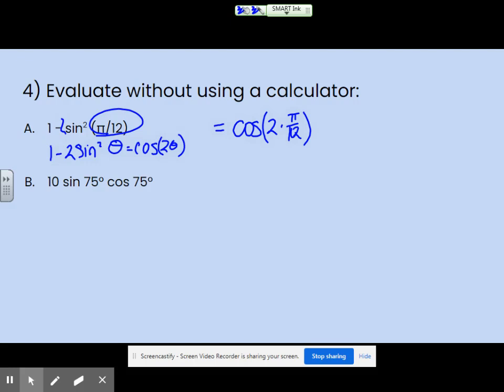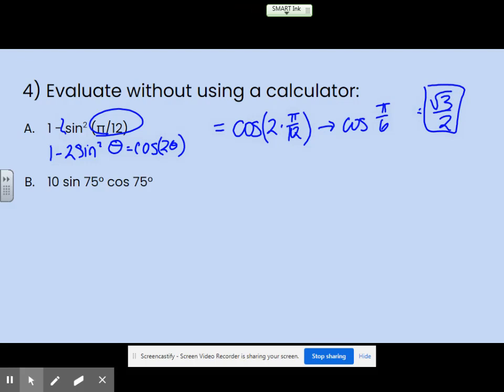And what is the cosine of 2 pi over 12? Well, immediately I probably don't know, but 2 times pi over 12 is pi over 6. And pi over 6 is absolutely on our unit circle, and the cosine of that angle is radical 3 over 2, and that is the exact value of 1 minus 2 sine squared of pi over 12.